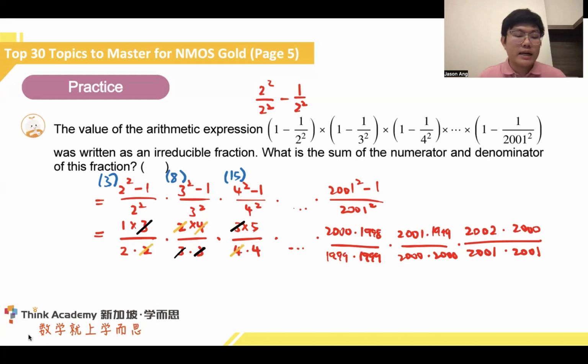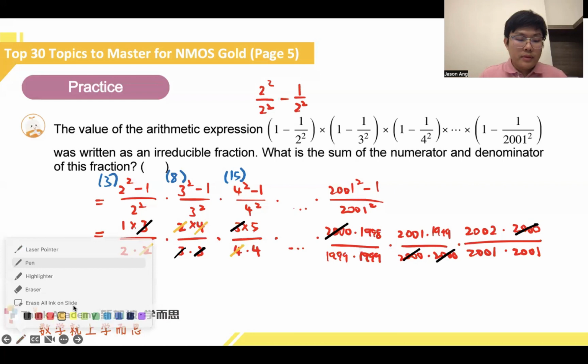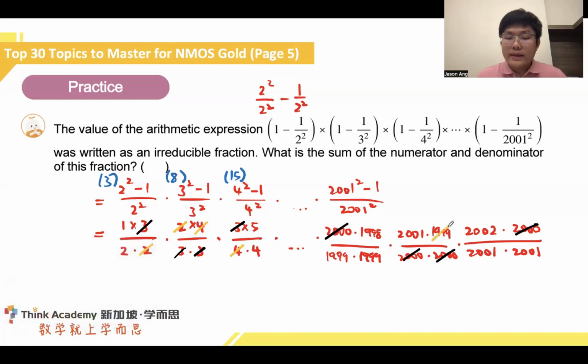Even on my right-hand side, I can do the exact same thing. As you can see, the numbers here, 2000, 2000, and even more so your 1999, your 2001. Sorry, let me make a slight change here. Let me cancel the other 2001, so it's a little easier for us to see later.